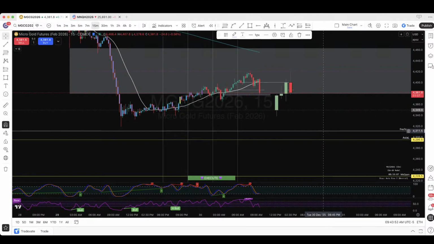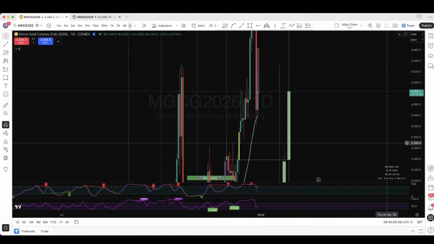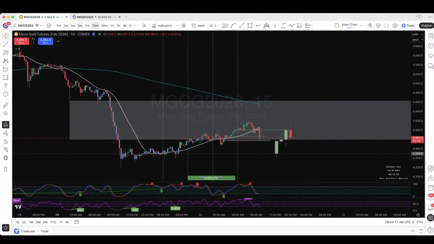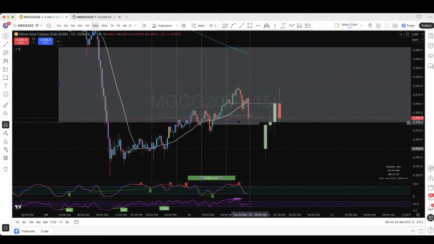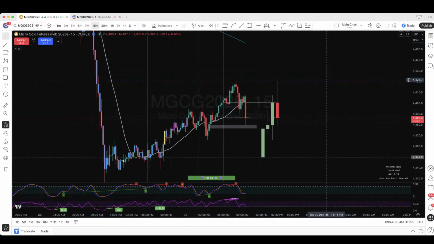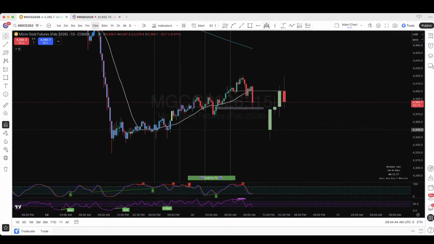Oh, these are old markings. So random 50% fair value gap to 50% fair value gap. Gonna take a wild guess.